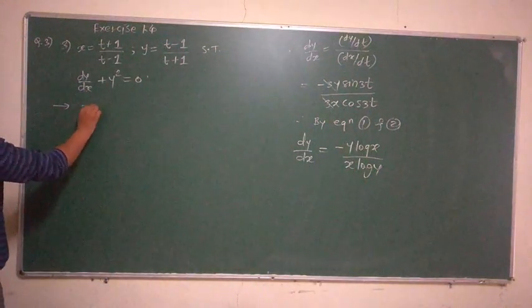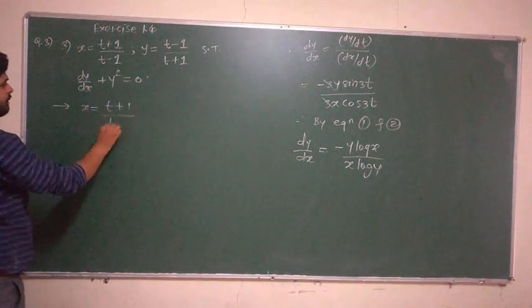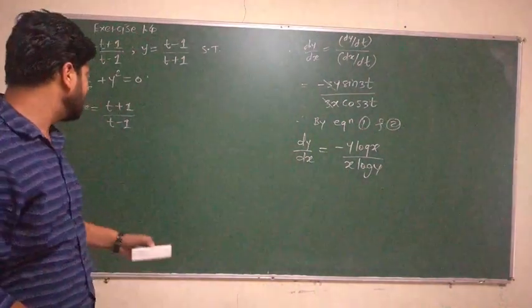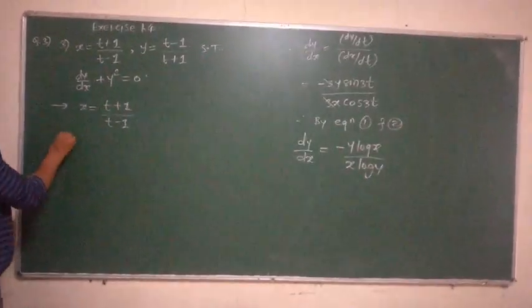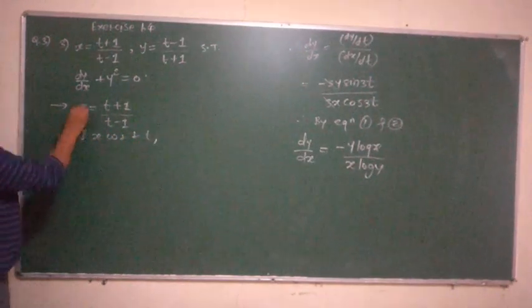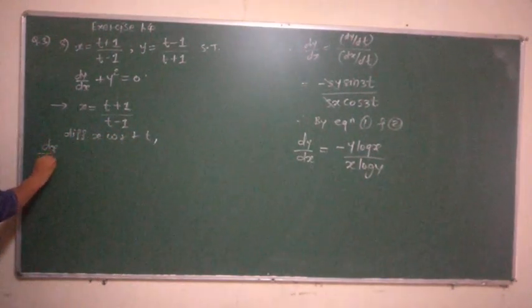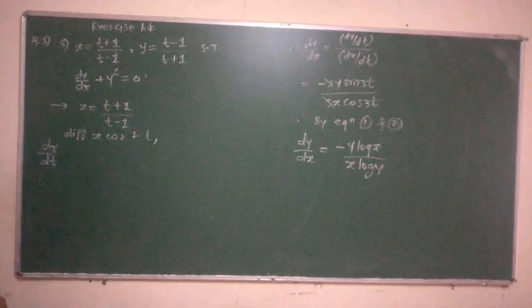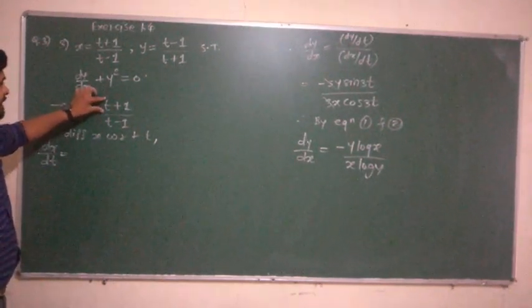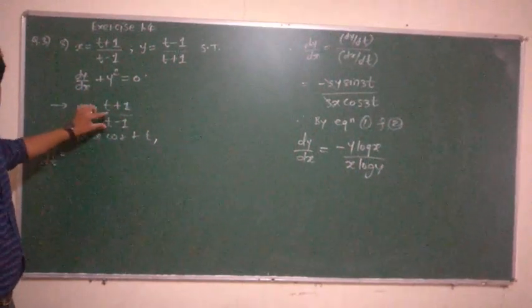First, what is x? It is t plus 1 upon t minus 1. Now I am differentiating this by using the u by v rule. If I differentiate x with respect to t, we get dx by dt. Here u is t plus 1, v is t minus 1.